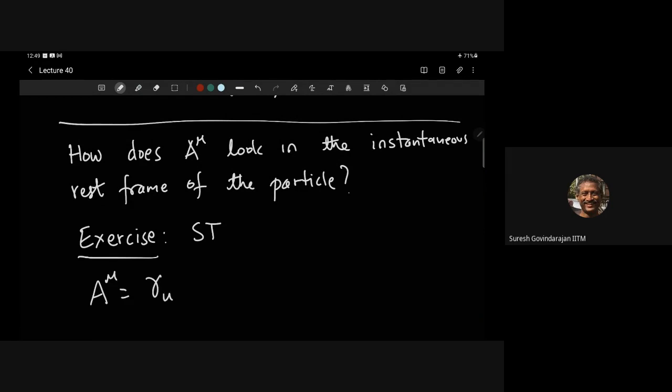Again, remember A mu has a particular dimension which you can extract. It's, I think, inverse length or something. I'll explain what this vector A is. Vector A, you can even guess.